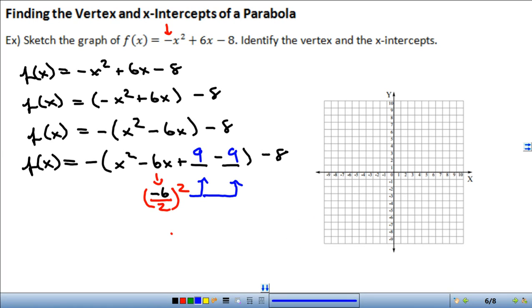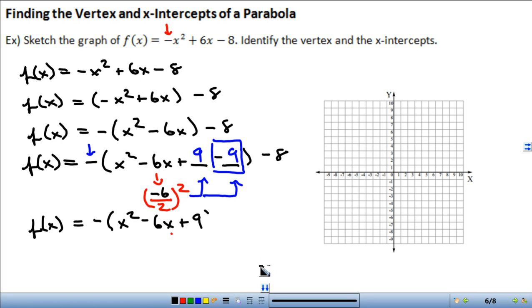I need to take this 9 and I need to pull it out. So when I take this negative 9 here and pull it out, I've got to remember that this negative 9 is being affected by this negative in front here. So minus a minus 9. So I have f of x is equal to negative, in this case, x squared minus 6x plus 9.